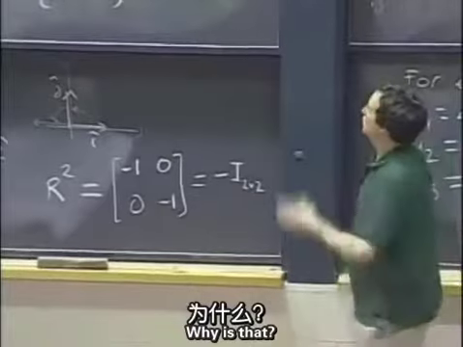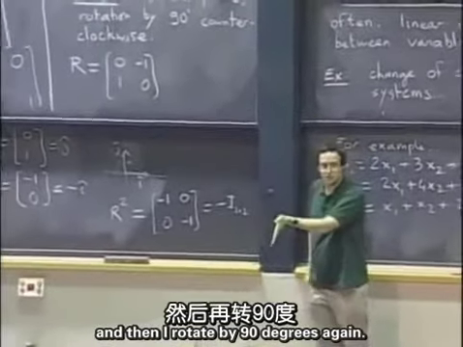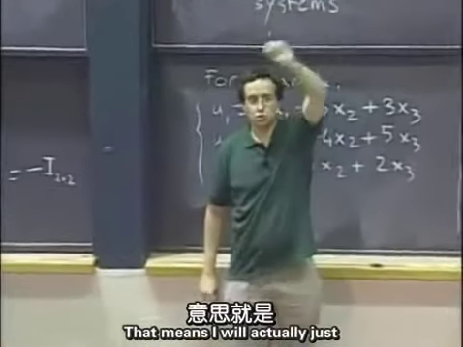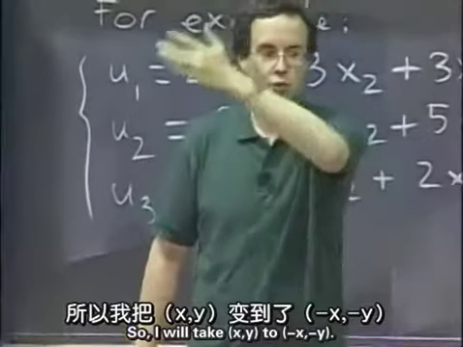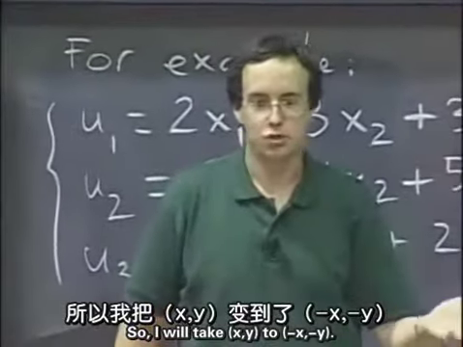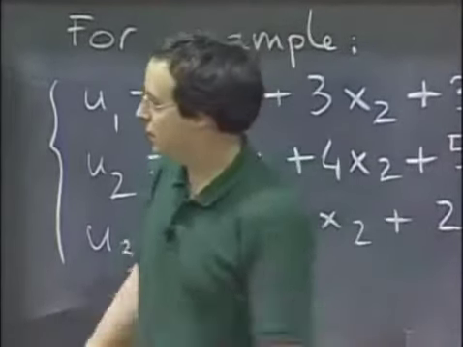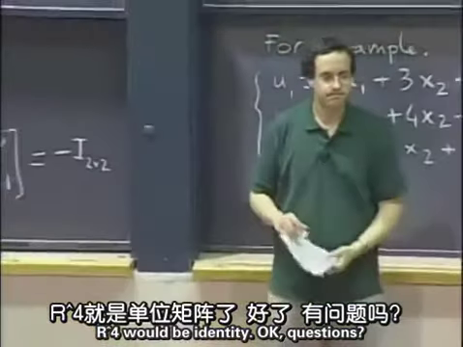Why is that? Well, if I rotate something by 90 degrees, and then I rotate by 90 degrees again, then I will rotate by 180 degrees. That means I will just go to the opposite point around the origin. So I will take x, y to -x, -y. And if I applied R 4 times, R to the 4 would be the identity.